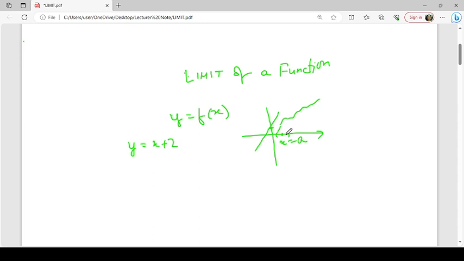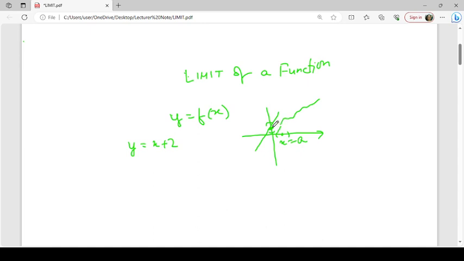In this neighborhood, what is y approaching? That is the point we call the limit of the function. This is the neighborhood of this point, and when x approaches a, this is the graph, and the point is approaching.